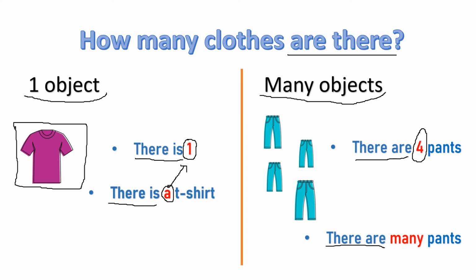In the example, we have 1, 2, 3, and 4. Because of that, we say there are 4 pants. But if we don't know what's the exact number, we can say there are many pants.